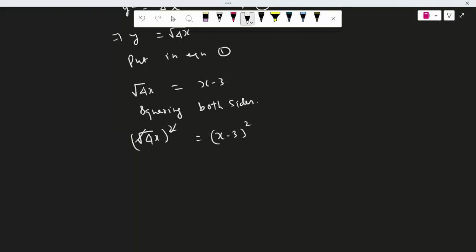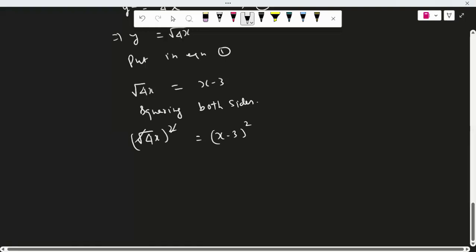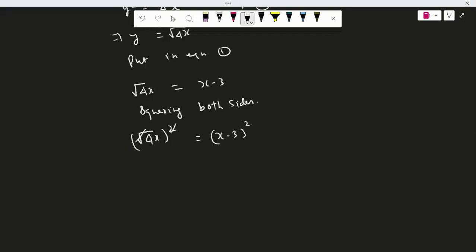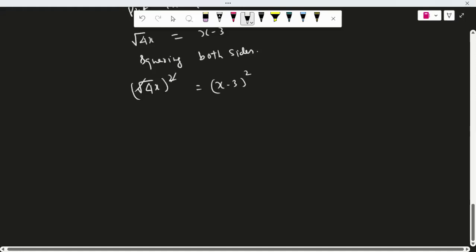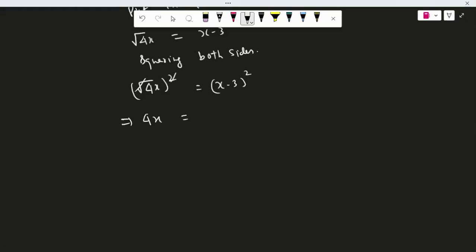And here you wrote 4x square, and then you transposed x minus 3 to the left hand side. That was not correct. So 4x equals, now use the identity a minus b whole square is a square, that is x square, minus 2ab, that is 2 into x into 3.